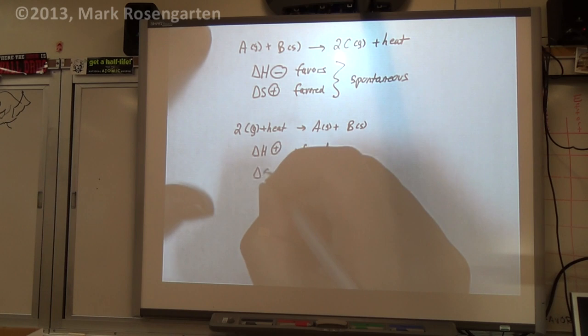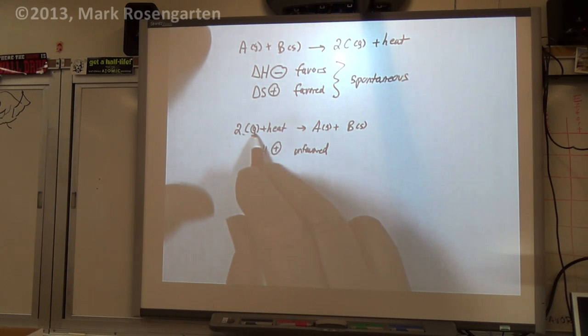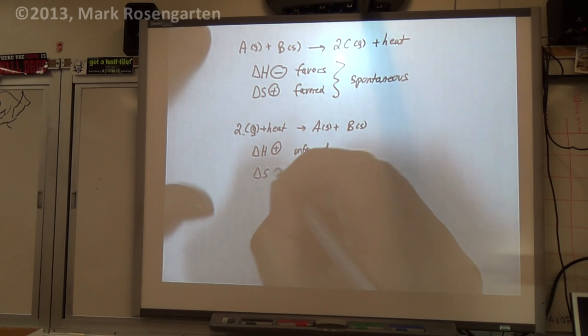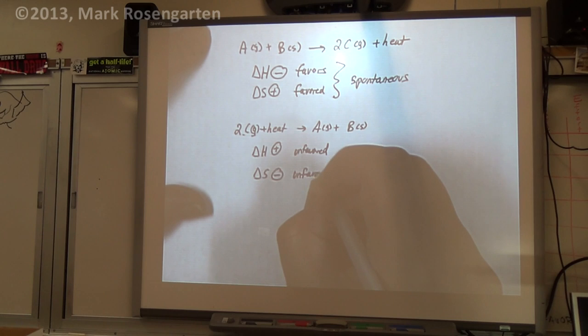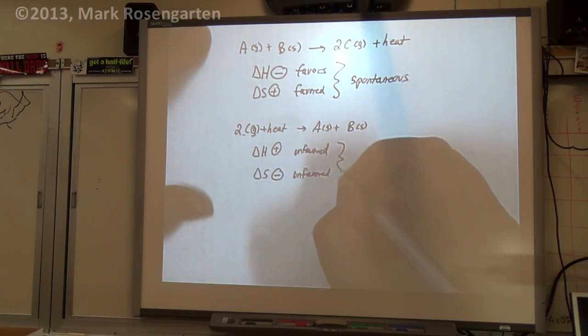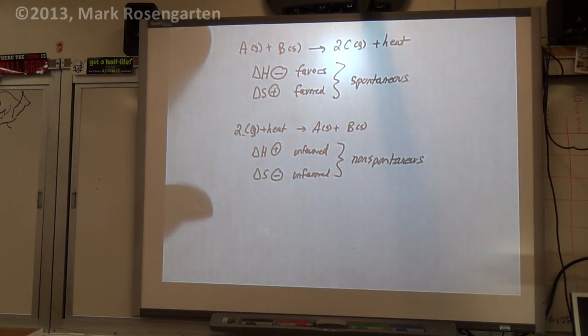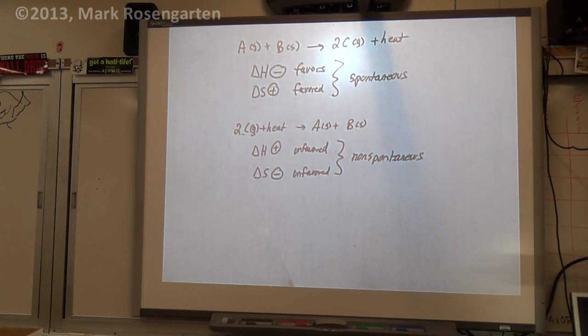And delta S, we're going from 2 moles of gas flying around to only 1 mole of gas flying around. That's a decrease in the disorder of the system. That's also unfavored. As a result, this will be non-spontaneous under all conditions. Which makes sense. I mean, if going up a hill is not spontaneous, going down the hill would be.